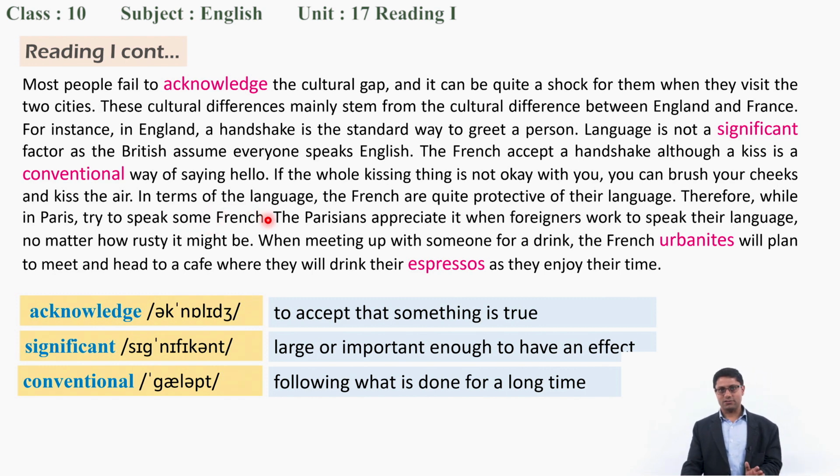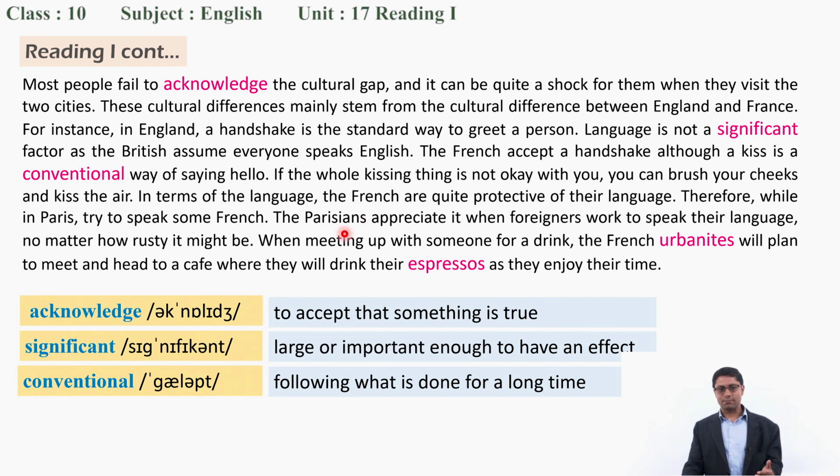In terms of language, the French are quite protective of their language. See there. For British, language was not a significant factor, but for French, they are protective about their language. Therefore, while in Paris, try to speak some French. So if somebody visits France or Paris, it's a good idea to speak some French.